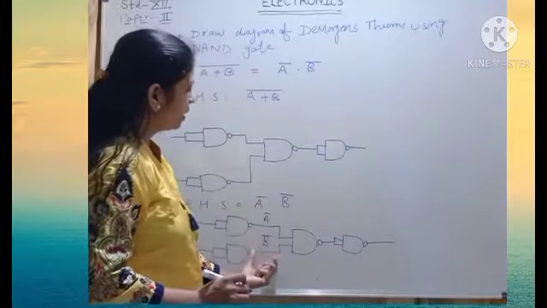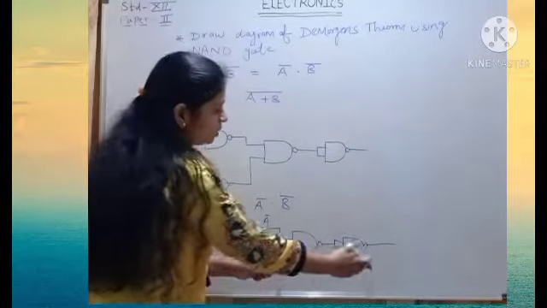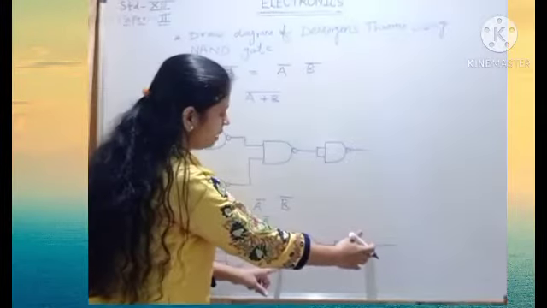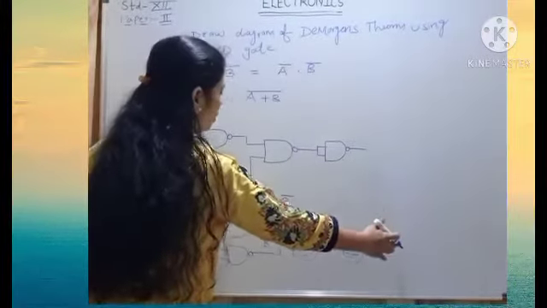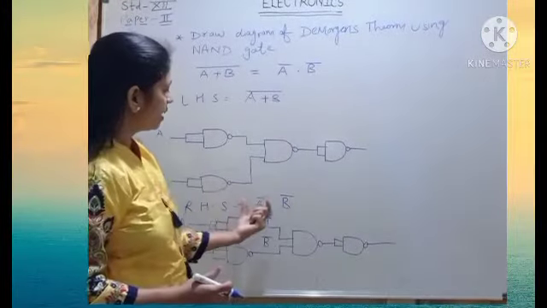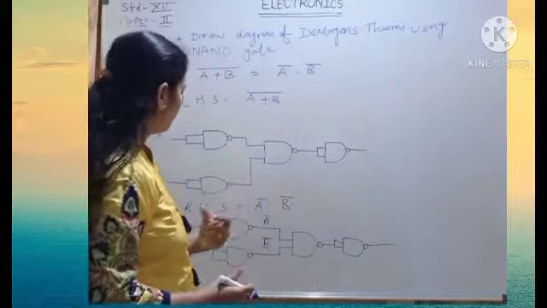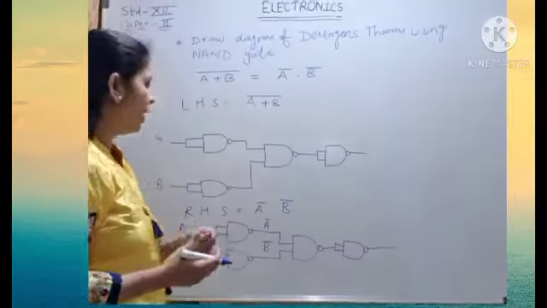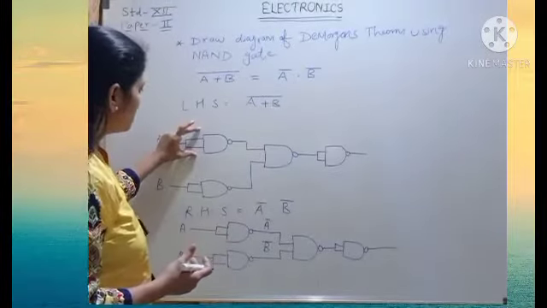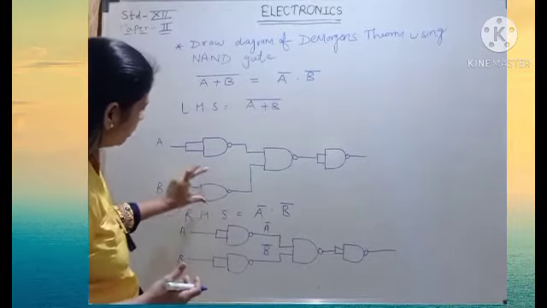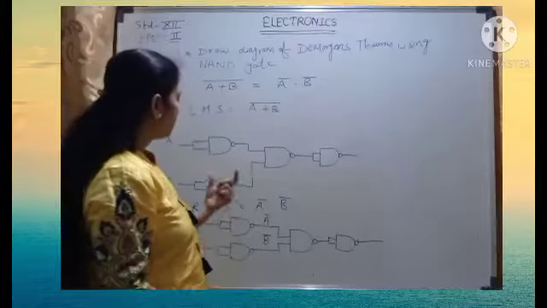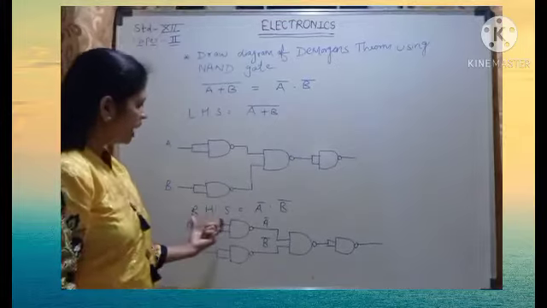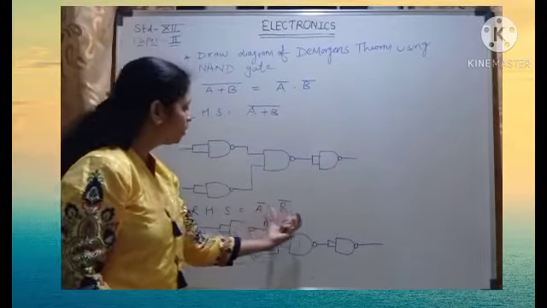This A bar and this B bar go here. This is the AND gate. So finally we got this diagram, and this is the diagram of A bar dot B bar. Now we have to check both diagrams. This is the NOT gate, this is a NOT gate, this is again a NOT. So finally here we got the RHS, that is A bar dot B bar.